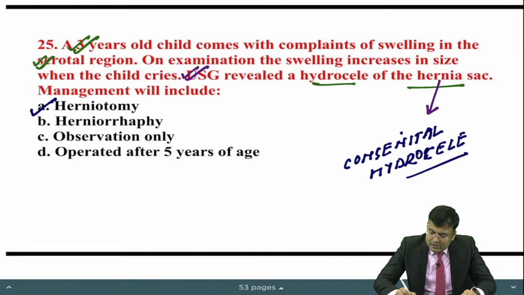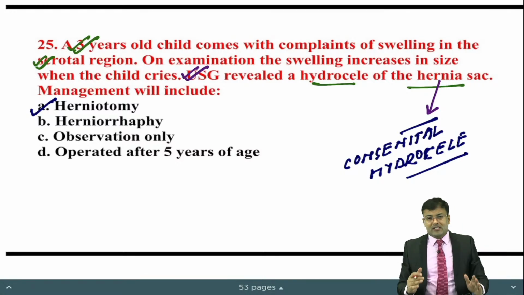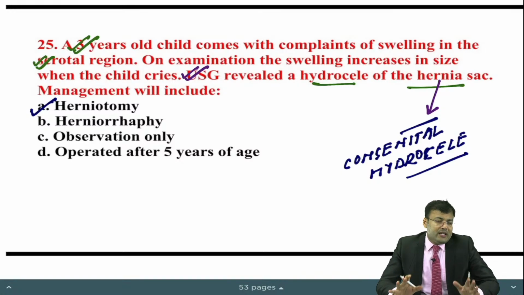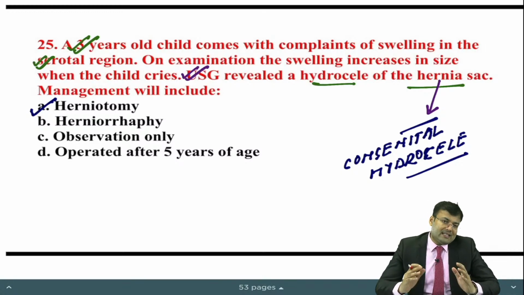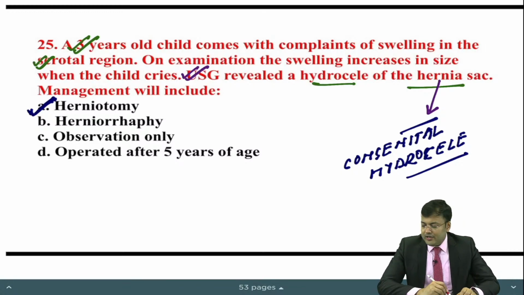In congenital hydrocele there is patent processus vaginalis. What is the good thing? Spontaneous obliteration occurs by 2 years of age. And if by 2 years of age there is no spontaneous obliteration, in those cases we go for herniotomy. And in hydrocele of hernia sac also, the treatment is herniotomy.